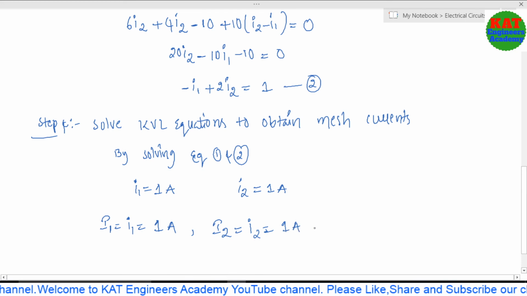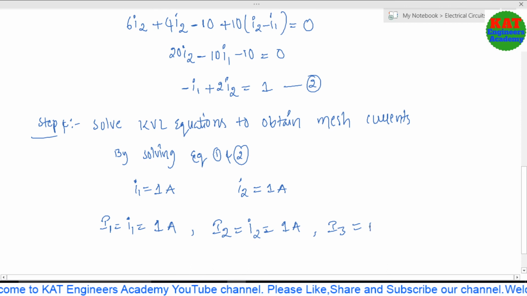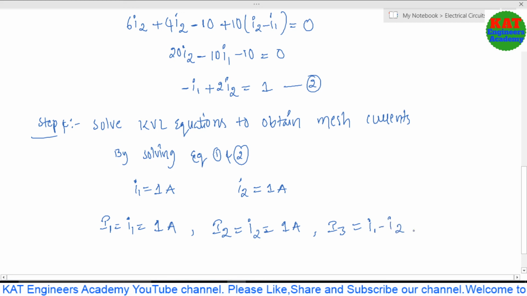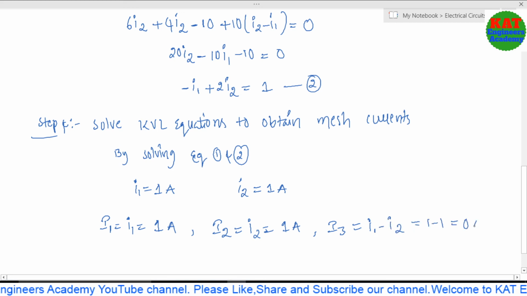Next, the final answer is I3, the current flowing through the 10 ohms resistor. In that, two currents are flowing, I1 minus I2. I1 is downwards, so I1 minus I2, which is 1 minus 1 equal to 0 ampere. So finally this is the answer.